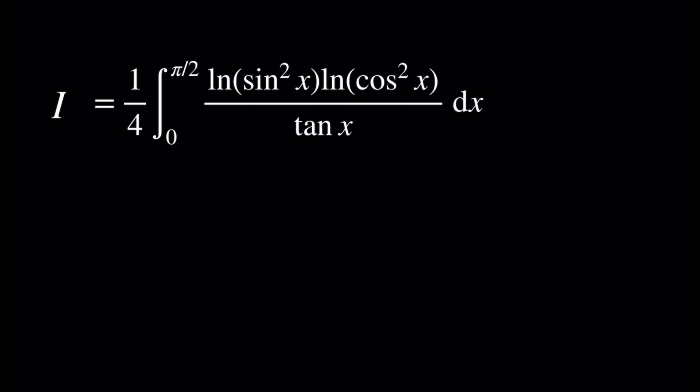Okay, so the goal here is to use a change of variable and then use some polylogarithm functions. So first of all, we're going to rewrite log of sine of x as log of sine squared of x, and that's going to create a coefficient of 2.